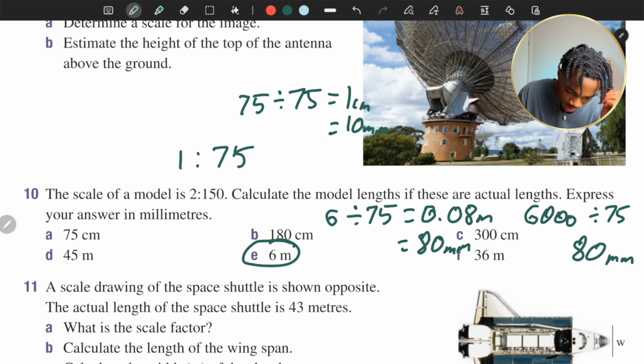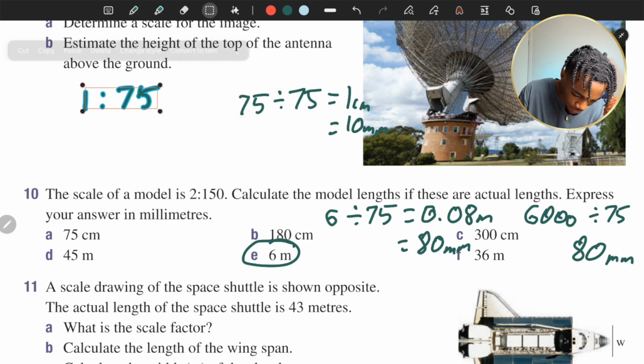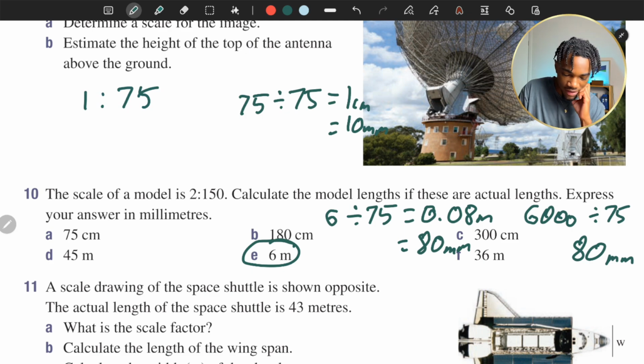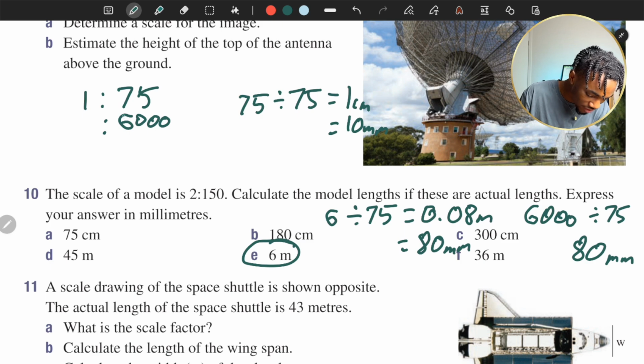All we're doing again is we're taking this value here, and we're saying that in this ratio, 6,000 centimeters is here, or 6,000 millimeters is here. If we want to convert this to this ratio over here, how do we get 75 to 1?